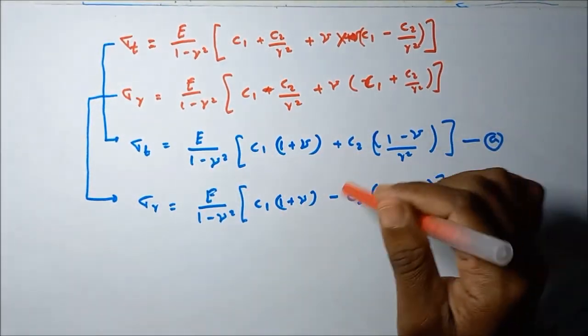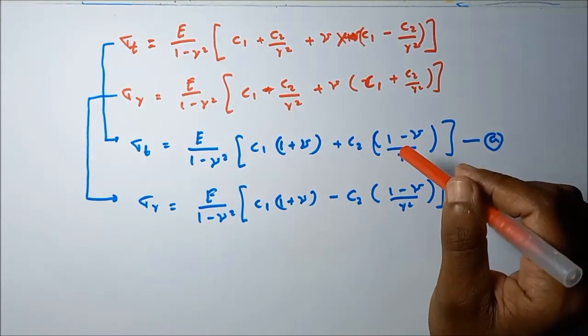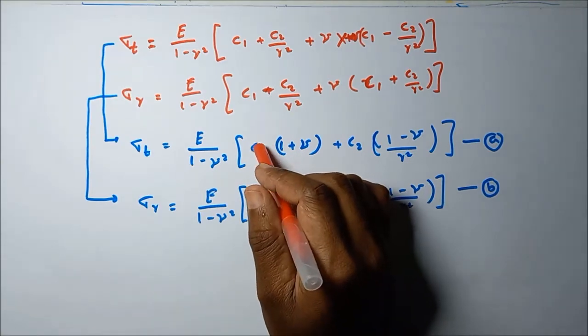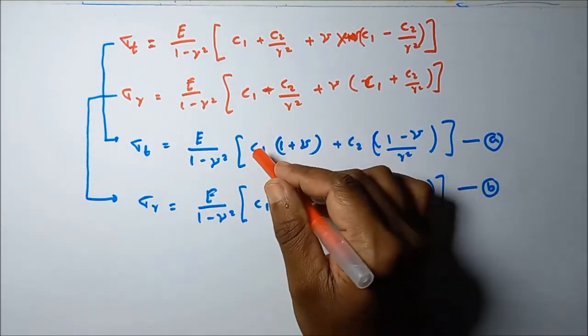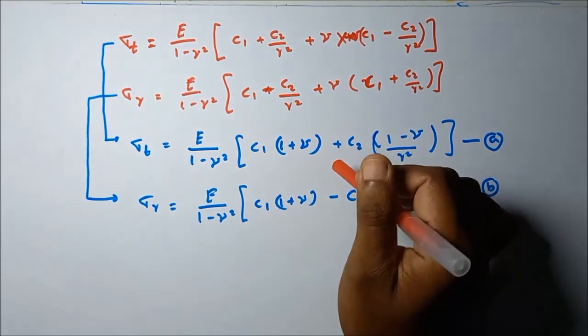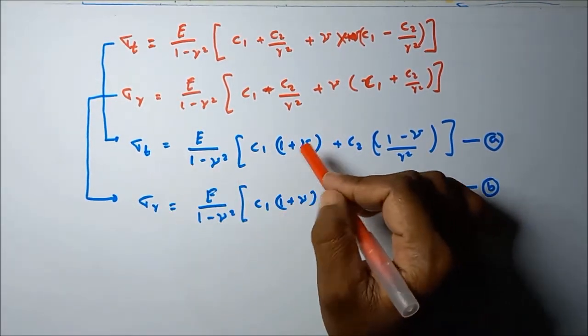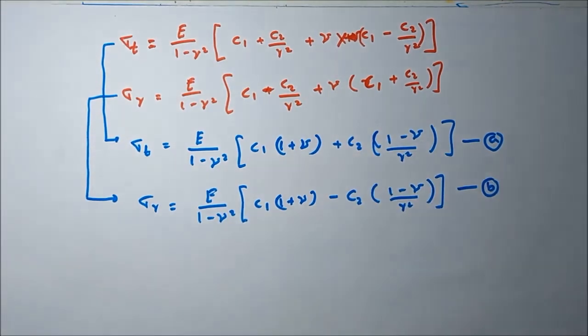Here the problem is that C1 and C2 are unknown constants. If you can determine the C1 and C2 constants, we have the equation for sigma t and sigma r. Let's see how to find these C1 and C2 constants using the boundary conditions.